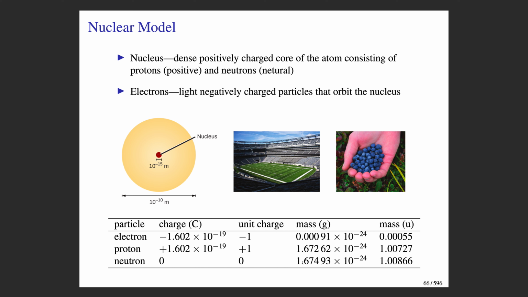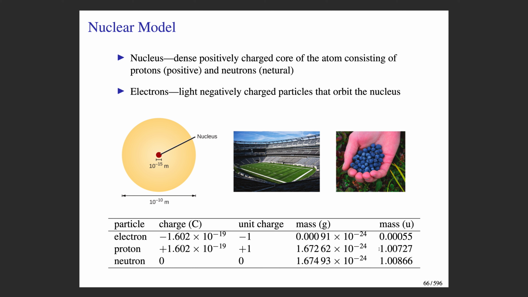Here we have the masses using grams, and so protons and neutrons have about the same mass, but you see that the electron mass is several orders of magnitude smaller. And so you want to understand that electrons are very light compared to protons and neutrons, and that protons and neutrons have about the same mass.